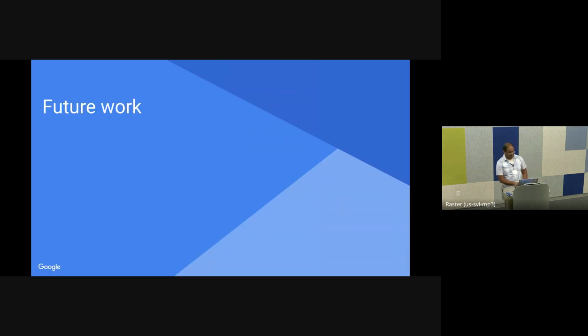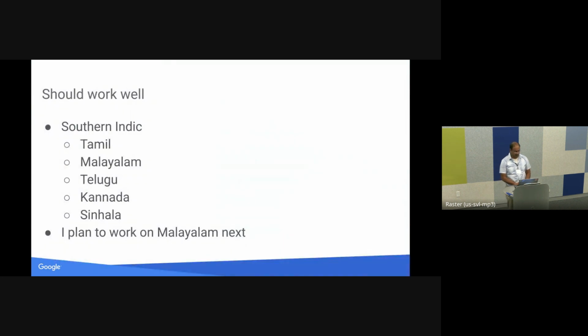Okay, so future work. Based on what I know, and I'm not a script expert or a language expert, so definitely don't come at me if I get things wrong, I'm trying my best. From what I understand, the Southern Indic languages, Tamil, Malayalam, Telugu, Kannada, and Sinhala, all have that sort of tabular style.